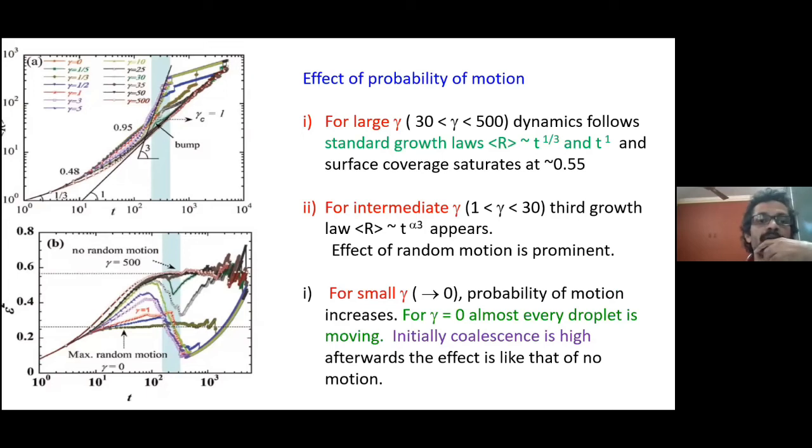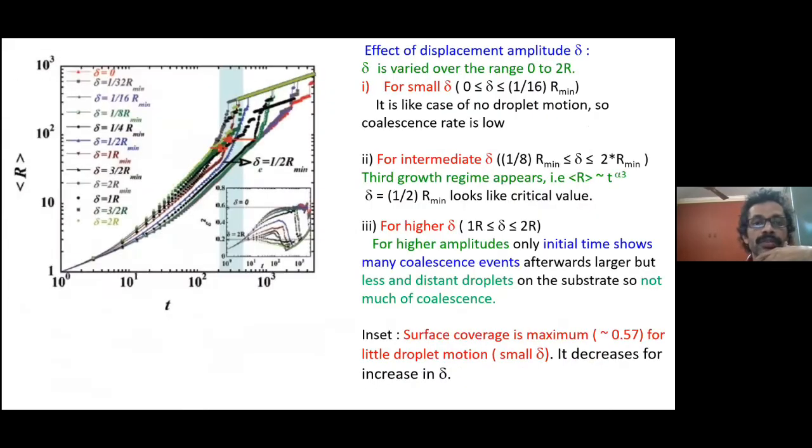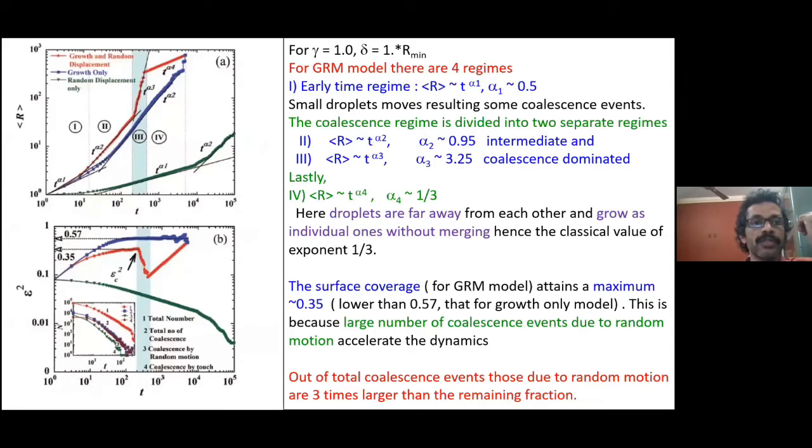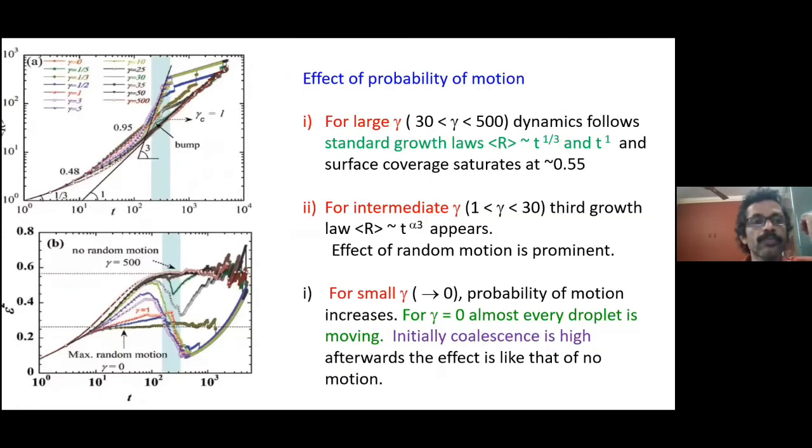Okay, so here, just a minute. Below is the surface coverage. Let's see this faint blue region, which is the emergence of the third regime, T raised to 3. Then we tried to incorporate what we get if we assign some probability to the motion.